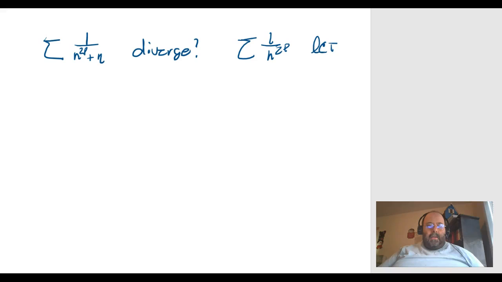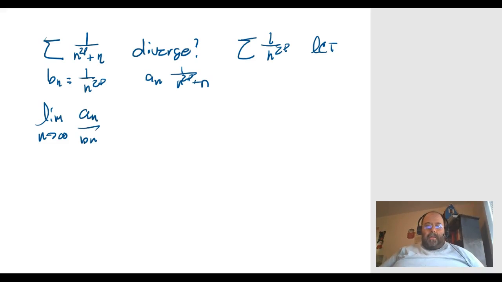So we're going to let bn be 1 over n to the 2p, and we're going to let an be 1 over n to the 2p plus n. And we take the limit as n approaches infinity of an over bn.